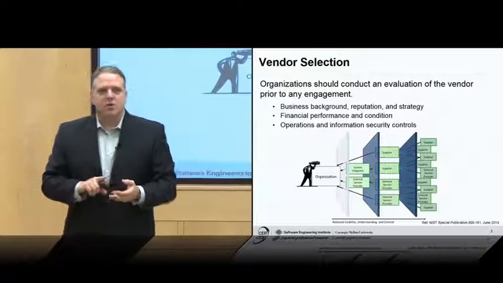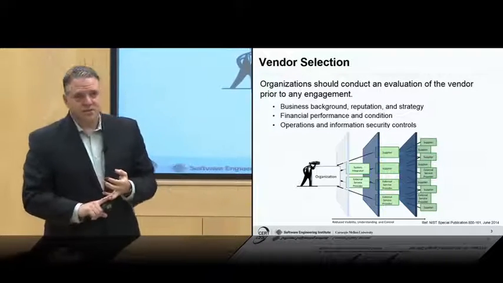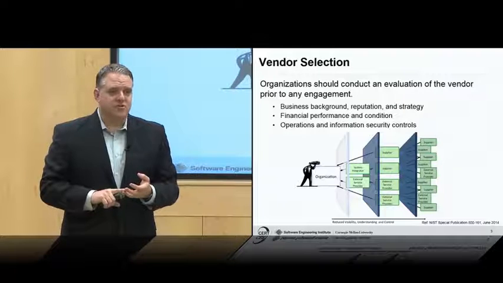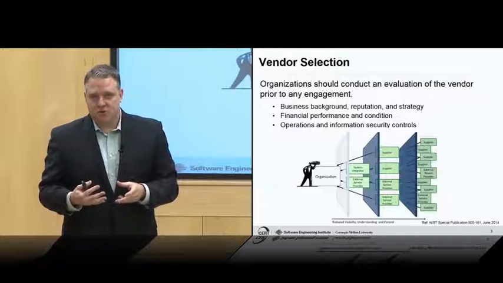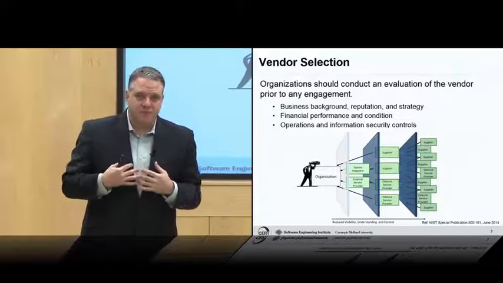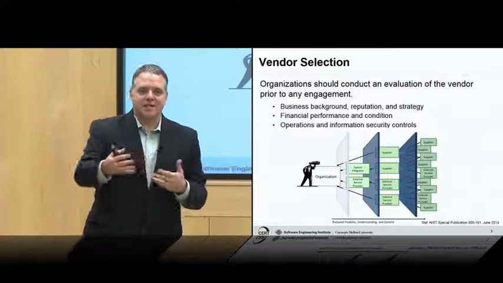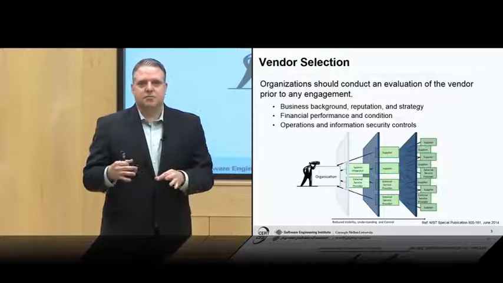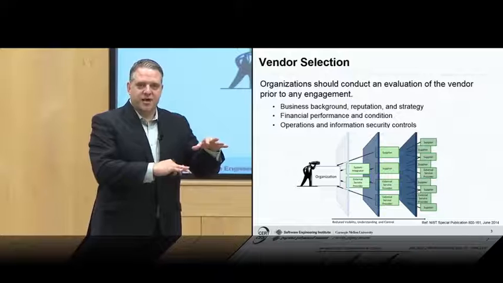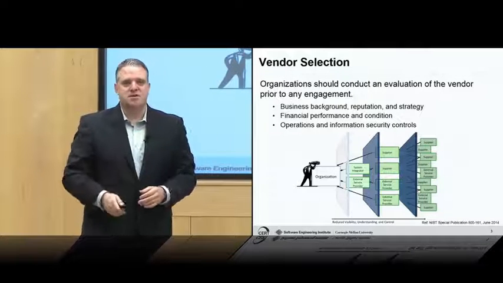What do they do? What's their reputation? Are they a financially sound company? Do they have information security controls? Are they going to protect my information as an organization as I do business with them? And so you go through this vendor selection process to look at your vendors and determine where my risk is coming from.